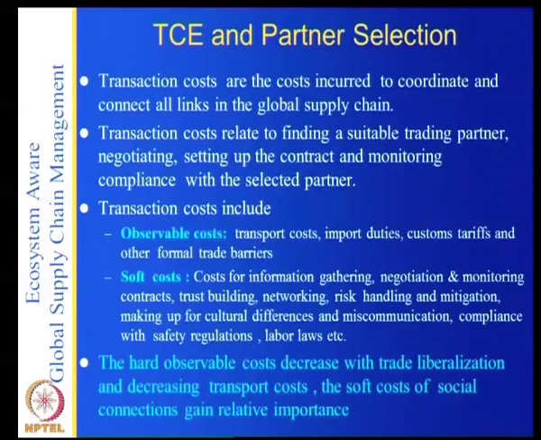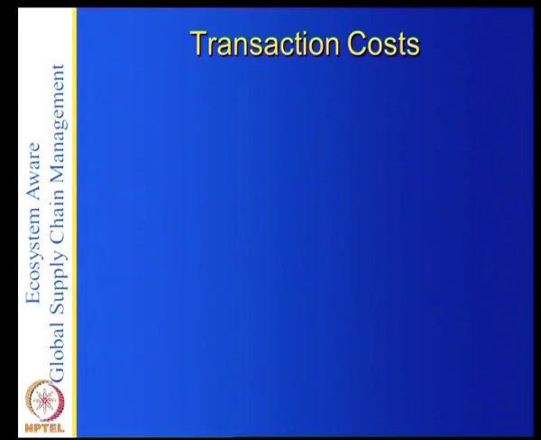The soft costs of social connections gain importance. Usually people look at only hard costs, but brokering, risk handling and other costs are not taken into account. It is important to take both hard as well as soft costs while doing TCE partner selection.